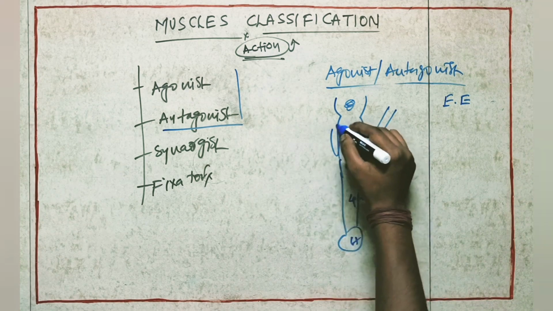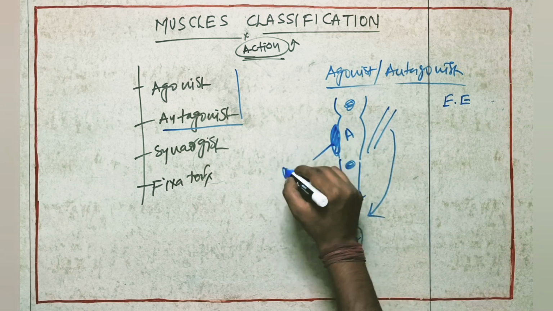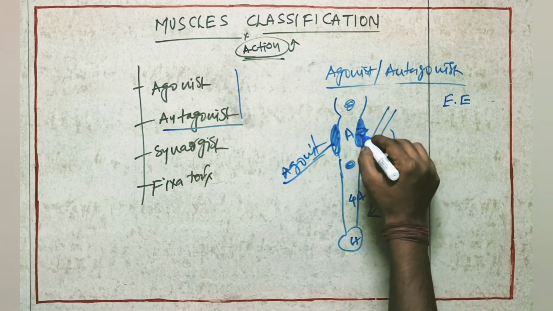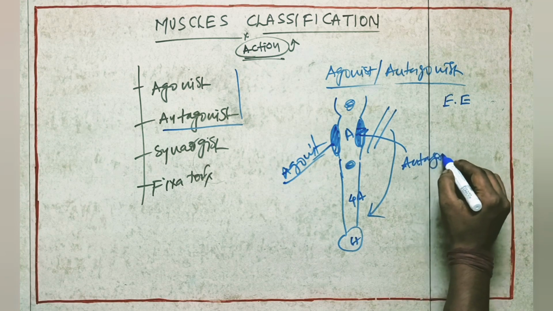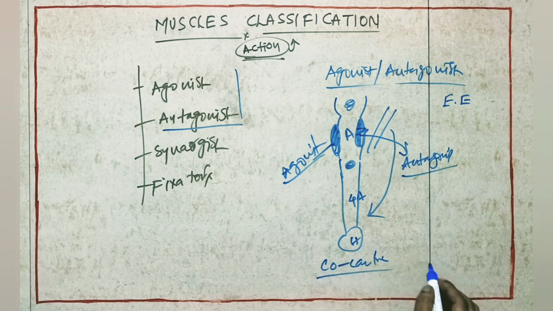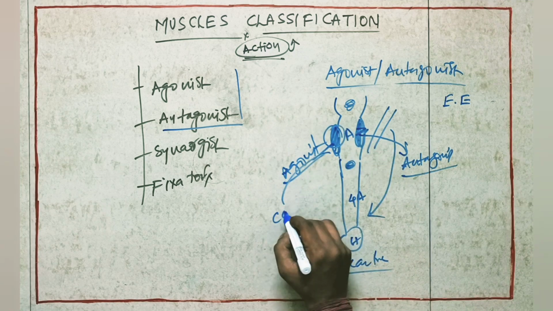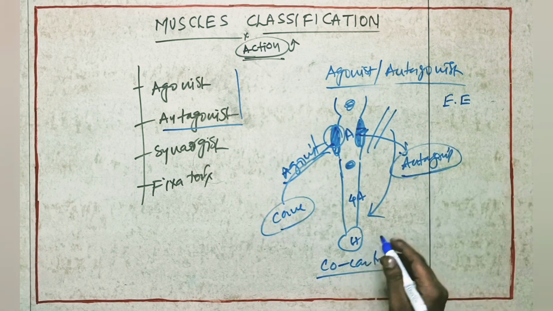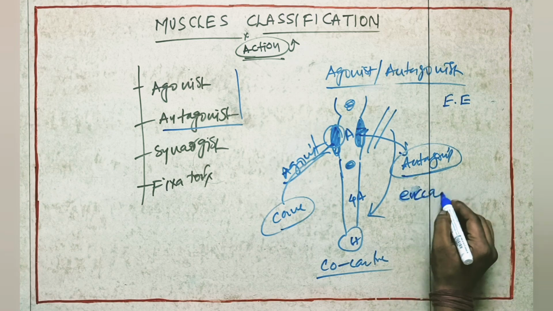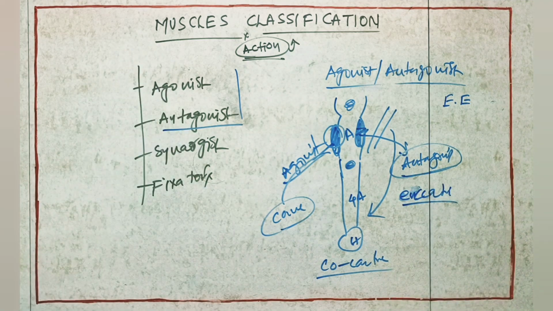What it means is here the triceps muscle will work as an agonist and the biceps muscle will work as an antagonist. So here also the same co-contraction will happen. The triceps muscle will go for concentric contraction, and the antagonist, the biceps muscle, will go for eccentric contraction. So these are about agonist and antagonist.